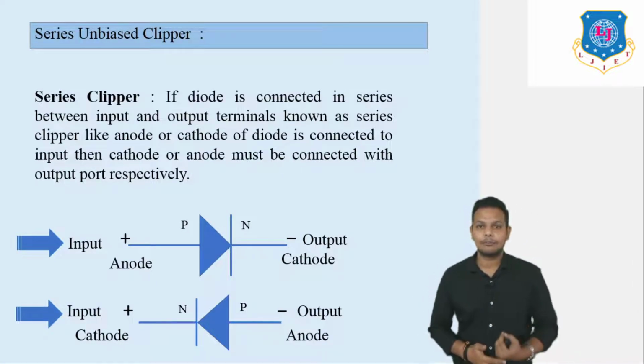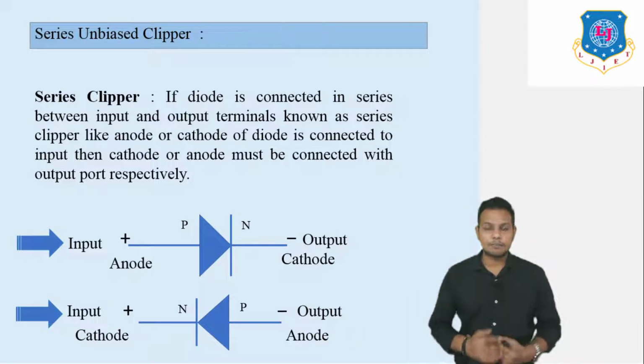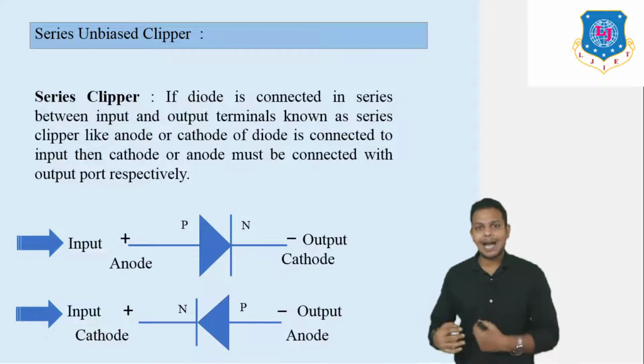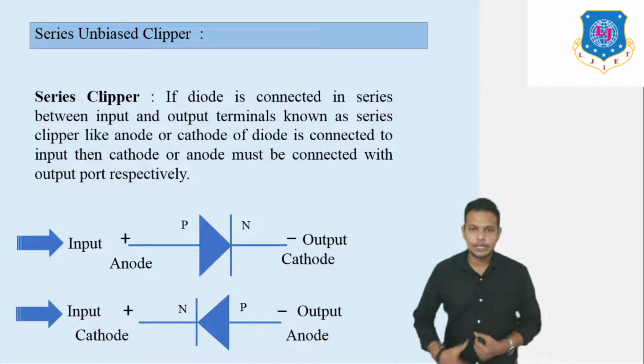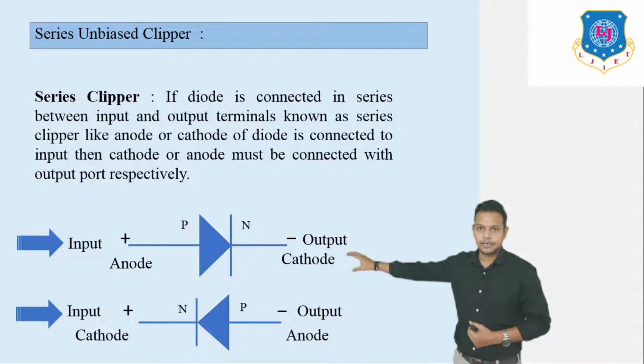So why do we call it a series connection? Here the diode is connected in series between the input and output port. Here the symbol of the diode is represented.